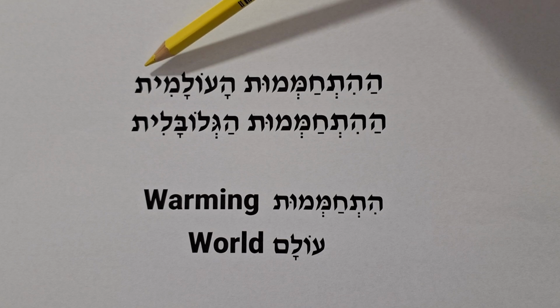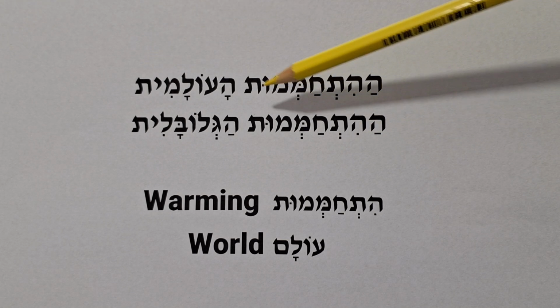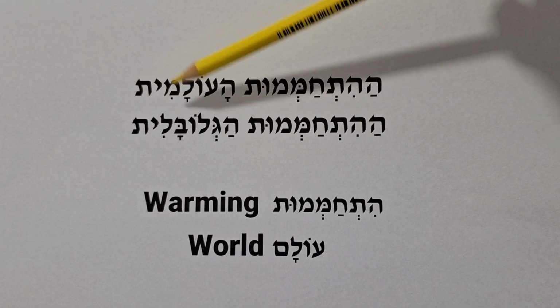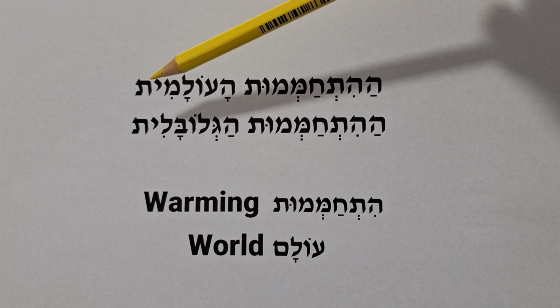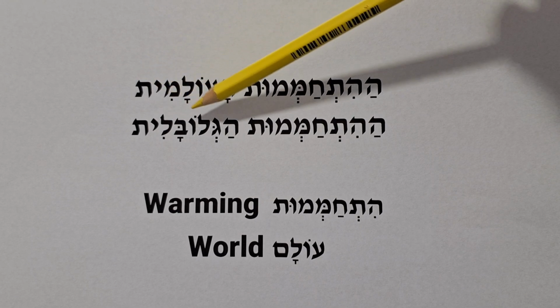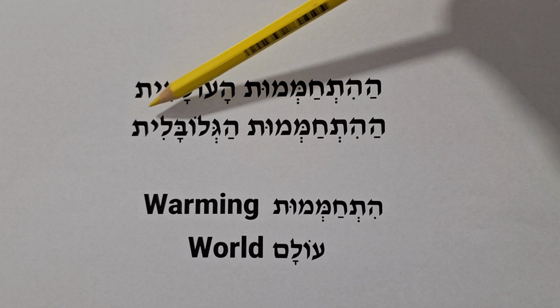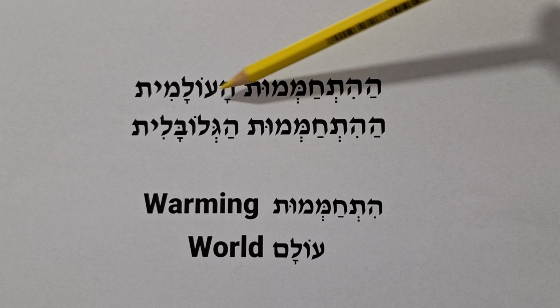Ha'hitchamemut ha'olamit, ha'hitchamemut ha'globalit. Global, yes, it's the English word global, and in Hebrew we inflict this to ha'globalit in the adjective format. Ha'hitchamemut ha'globalit.